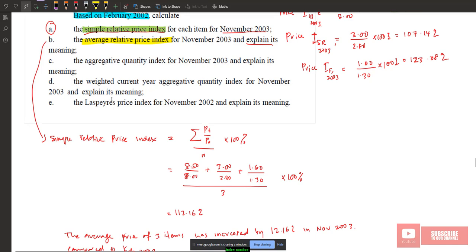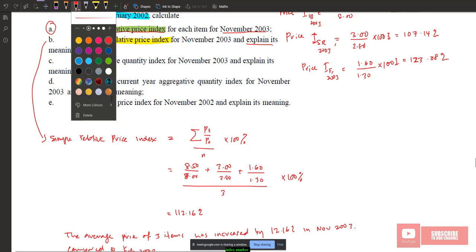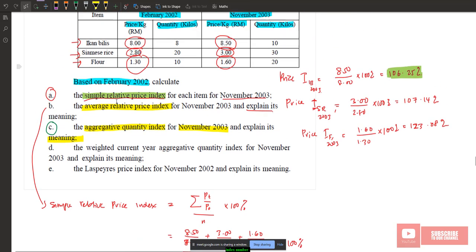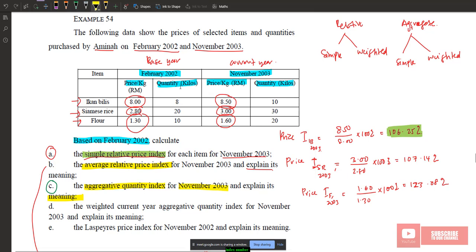So we move to the next question, which is C. Right? We want to find the aggregate quantity index for 2003 and explain the meaning. Right? So let me clear this one. Nampak serabut.